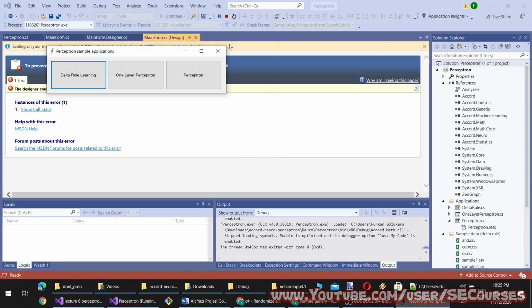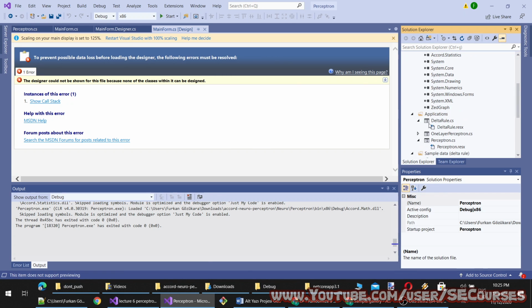And this is delta rule learning. Where is it? Here.